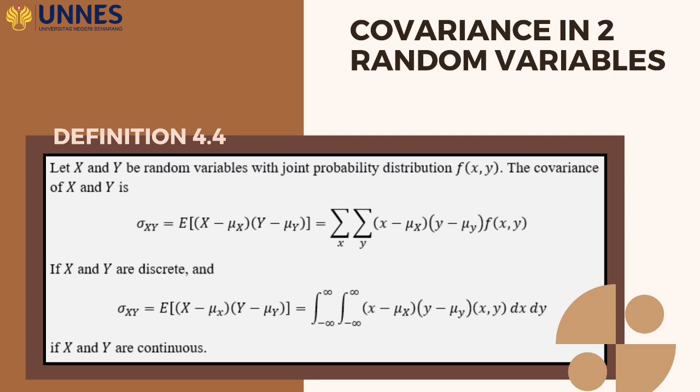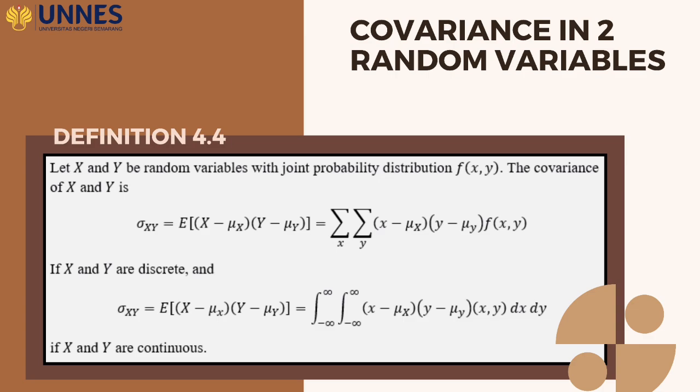If X and Y are continuous, the formula is sigma xy equal E[(X minus mu x)(Y minus mu y)] equal integral from minus infinity until infinity, integral again from minus infinity until infinity, of (x minus mu x)(y minus mu y) f(x,y) dx dy.